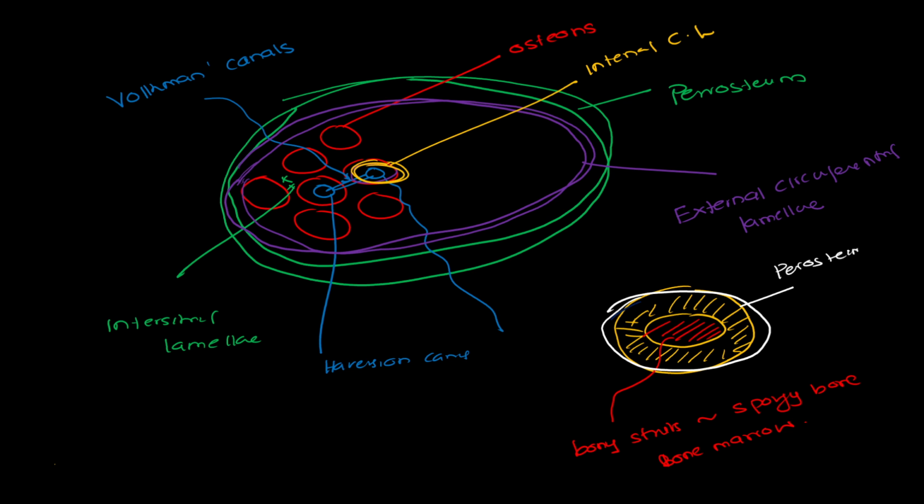This is composed of collagen fibers. Apart from that, it also has cells which have the capacity to produce new bone. So the periosteum consists of cells which are known as osteoprogenitor cells. This is why it is more important.